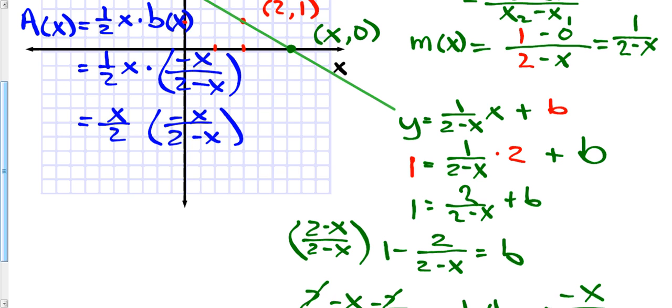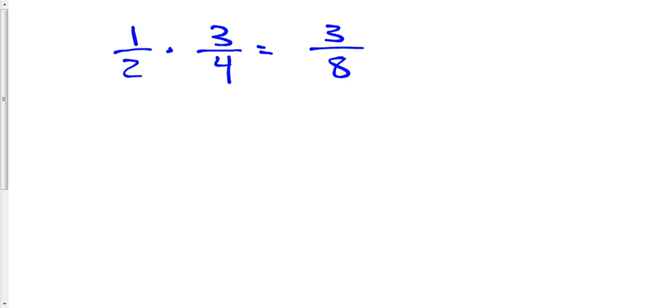Go with a simpler value. Let's do 1/2 times. What is that? What does that equal? 3/8. How do we get that? Straight across, right? Equals 1 times 3 is 3 over 2 times 4, which is 8. If I can simplify, I can do that, right?